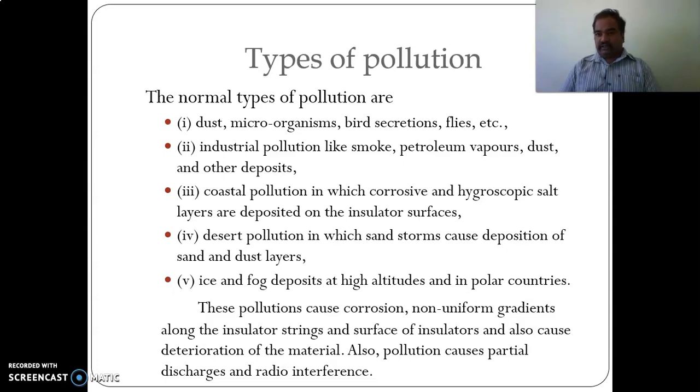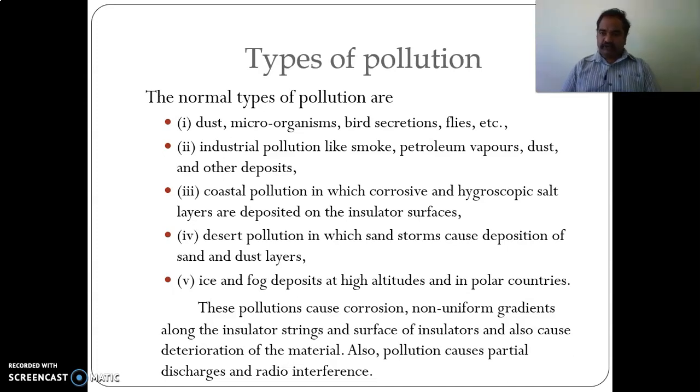And when we go to the very cool areas like the Himalayas and the glaciers, we see ice and fog deposits on the surface of the insulators. These will be generally experienced in countries with high altitudes, particularly in the polar countries. So these are the different types of pollutions.